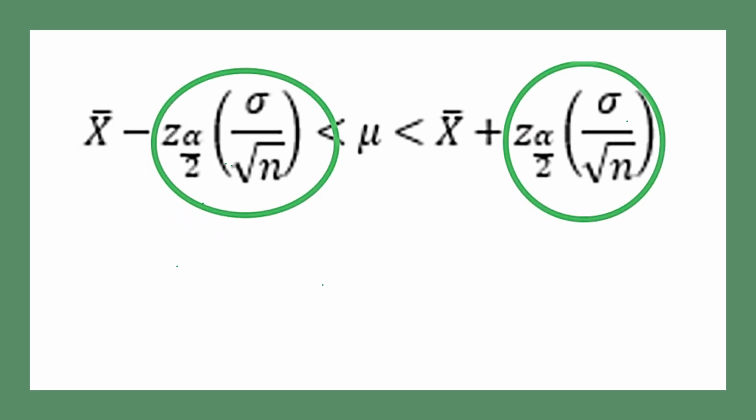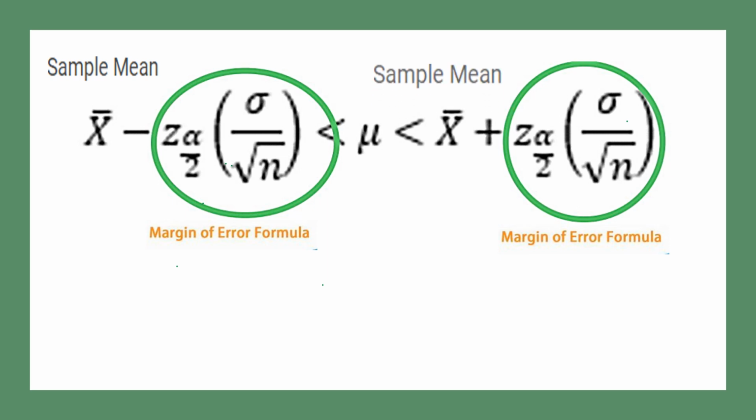Going back to the formula in notation, naka-circle green ang margin of error sa kaliwa, ganun din sa kanan. Ang x-bar is the sample mean sa kaliwa, ganun din sa kanan. At kung mapapansin nyo, dito sa kaliwa ay minus. Ang ibig sabihin, we will subtract the margin of error sa ating sample mean. At dito naman sa kanan ay plus sign.